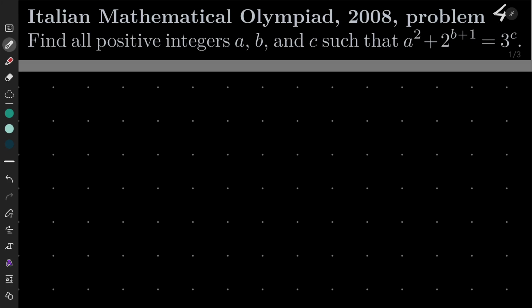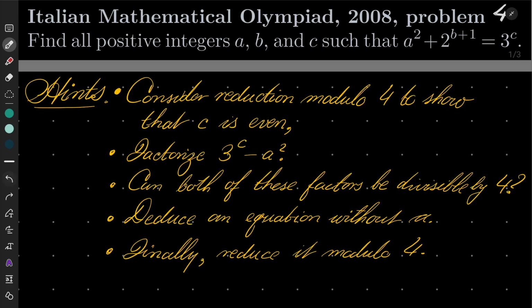So my hints for this Diophantine equation are the following. First, consider reduction modulo 4 to show that c must be even. Then put a on the right hand side and factorize it. Once you do it, you should get two factors, and think about, can both of them be at the same time divisible by 4?